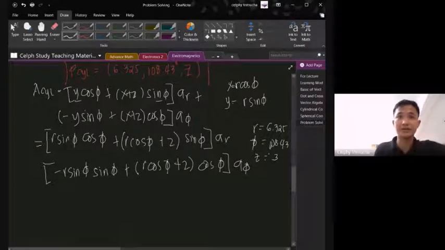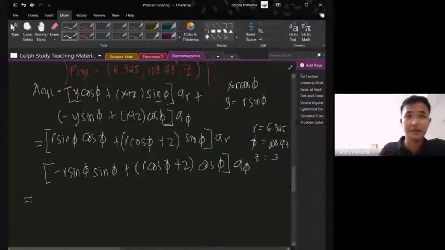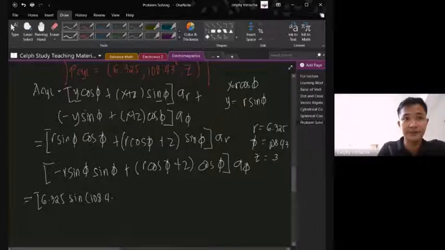So substitutean mo lang mga values para makuha ta ang exact value. So we have 6.325 sine sa imo nga 108.43. Then multiplyan mo sa imo nga cosine 108.43.